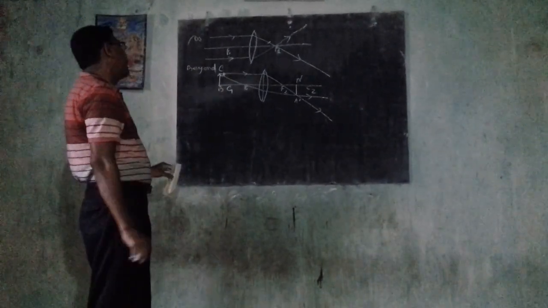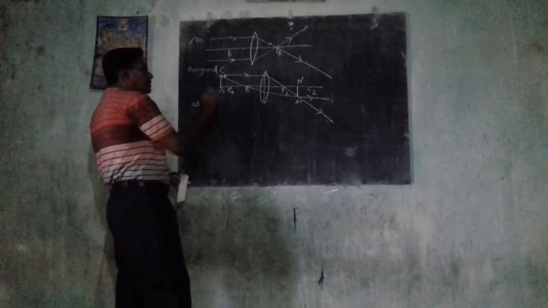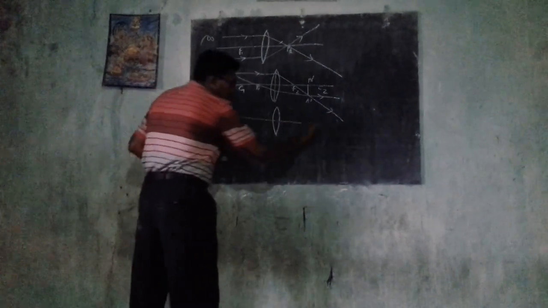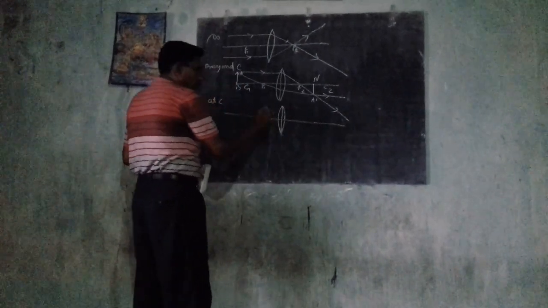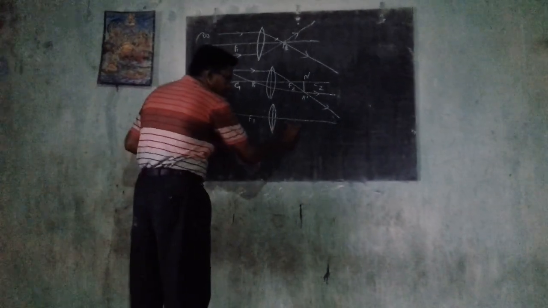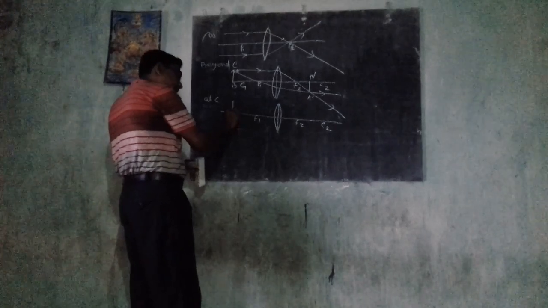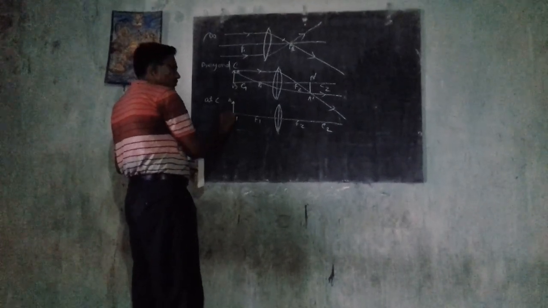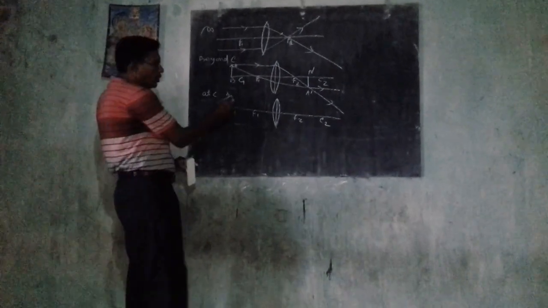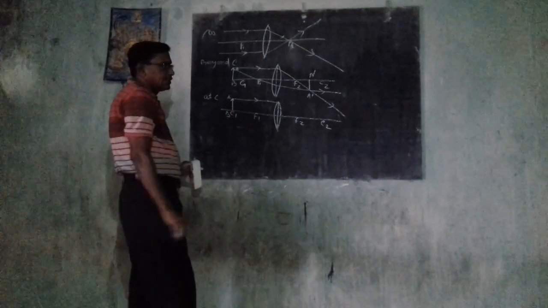Okay? Then when the object is at C, now here are focus 1, center of curvature, focus 2, center of curvature. Second, when the object is at F, object AB. Now one ray passes parallel to the principal axis.